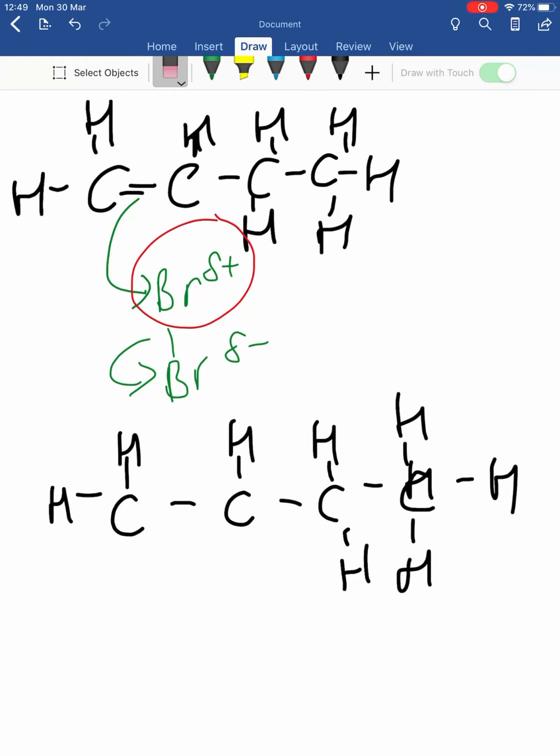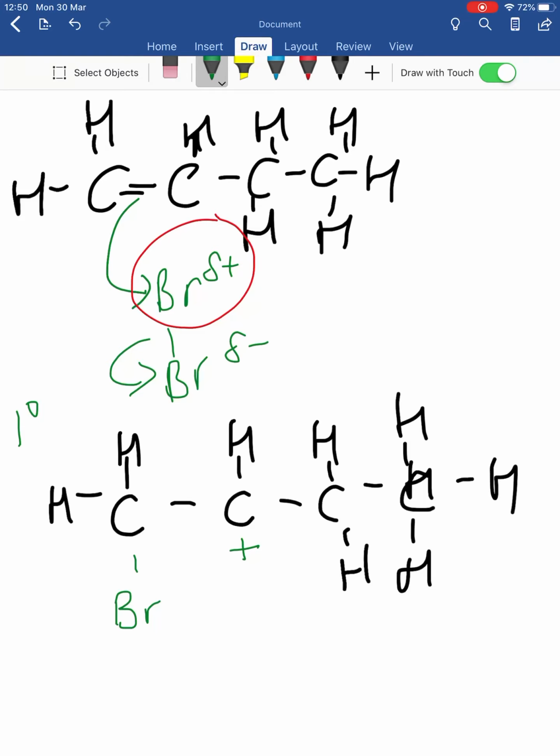If it attached itself onto here, what you formed is a carbocation over here. And that is a primary carbocation, which you know is less stable because it's only attached to one carbon, to one alkyl group. However, if that bromine attached here instead, that first Br, that carbocation is now on the second carbon.